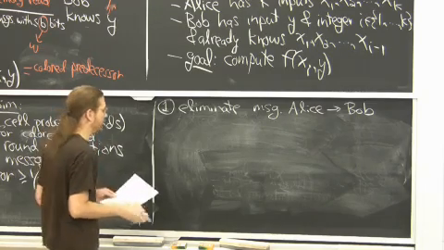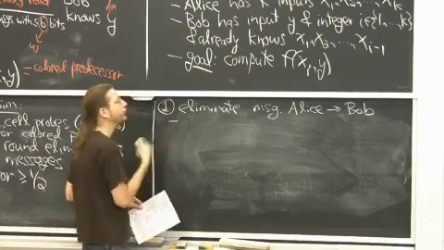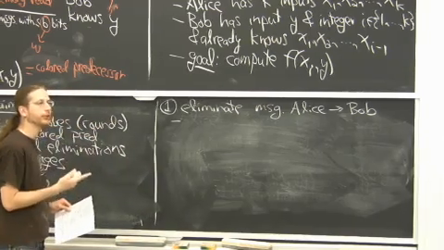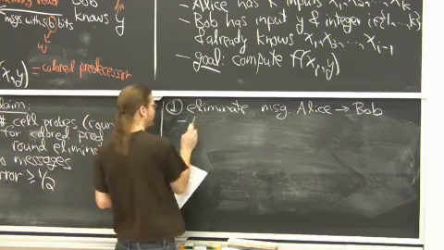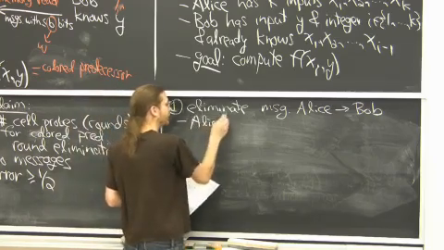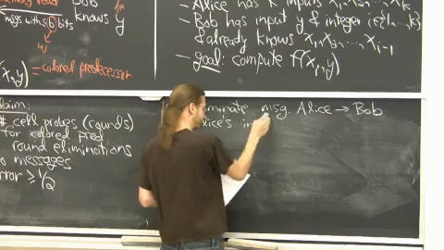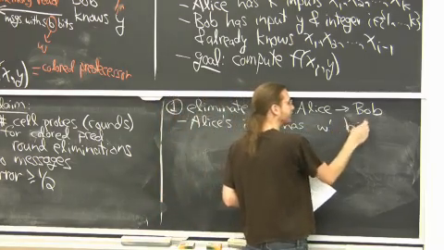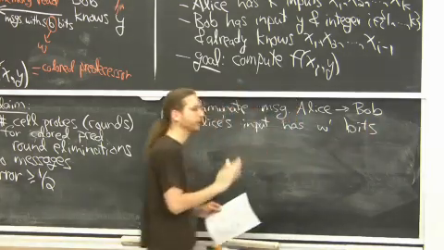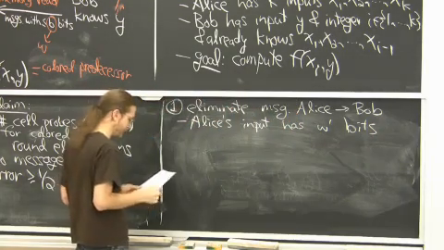Now as we eliminate things, W and N are going to decrease. So I'm going to suppose at this point, Alice's input has W prime bits left. Initially W prime is W, but I want to do the generic case so I don't have to repeat anything.